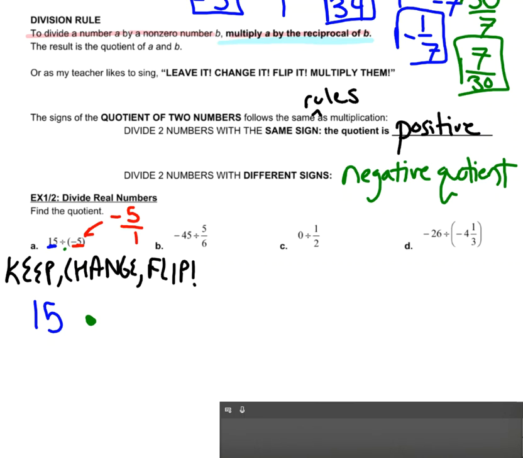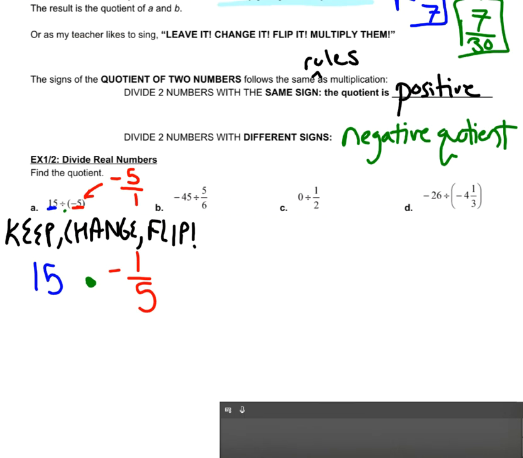Now we can flip it. So negative 5 divided by 1, flip that, that's negative 1/5. So now we've got 15 times negative 1/5. I know that 5 goes into 15 3 times. And we've got a positive number times a negative number. So we get negative 3.